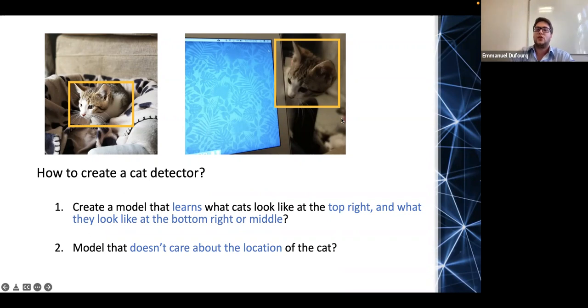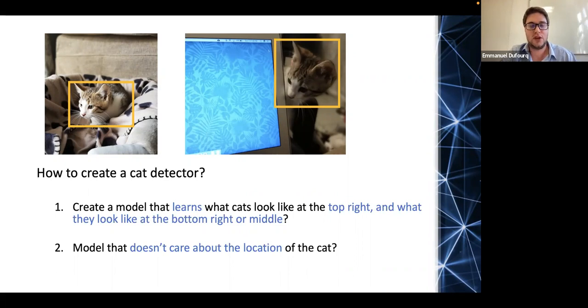So yeah, 2 is the right answer. It would be better to have one model that can find things regardless of where the object you're trying to find is in the picture. Having a model that needs to look in certain predefined positions is not as good, because then it's overly complicated.